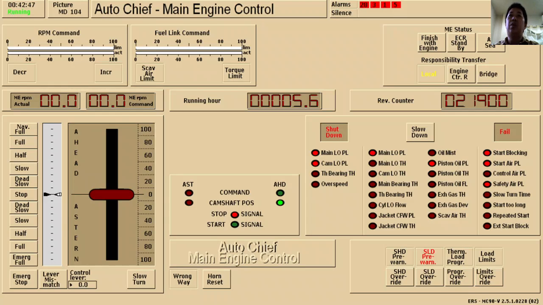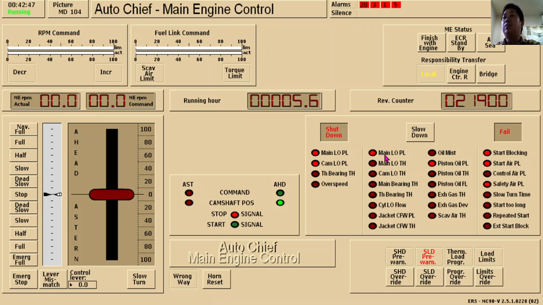So for example, here we have main engine control. As you can see here, there is a shutdown alarm and there is a fail alarm. So why does this happen? There is also a slowdown pre-warning alarm. So this alarm comes when, for example, main lube oil pressure low, camshaft lube oil pressure low.